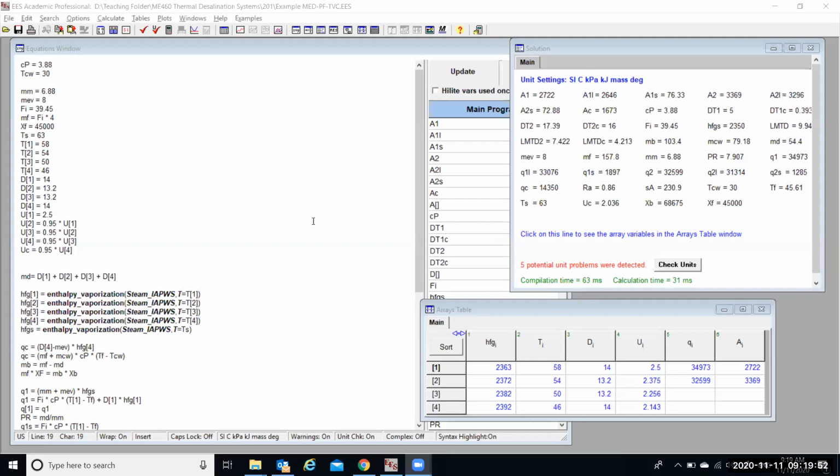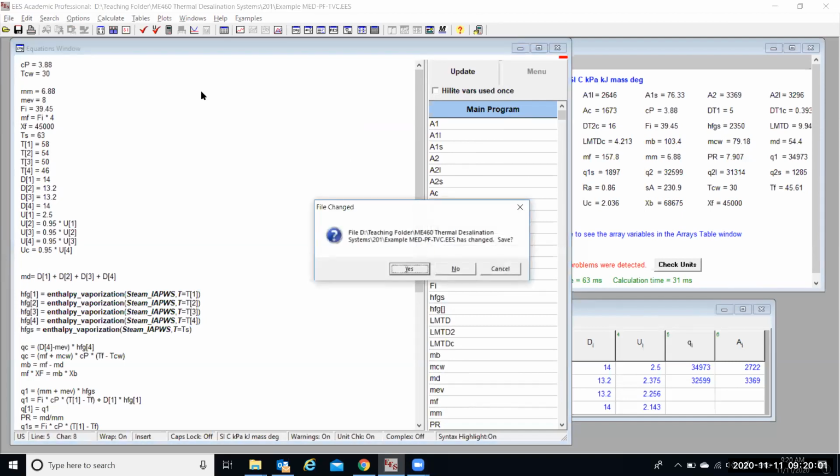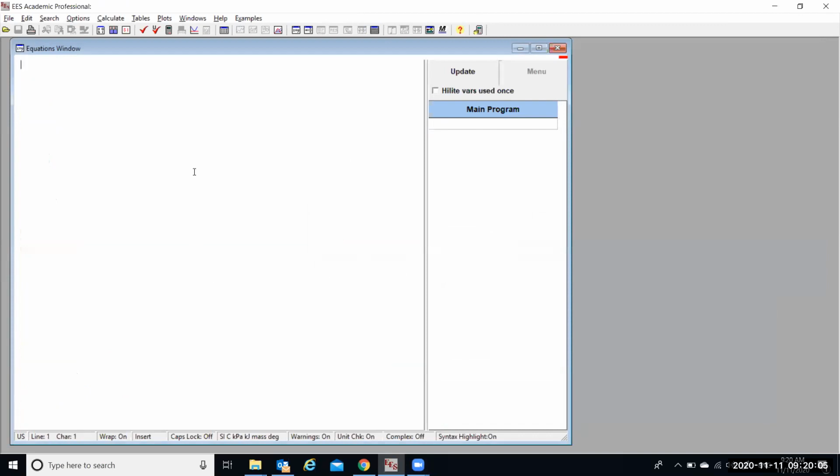Yes. Fine. So actually, what you see in front of you is the example that we had today. But let me start a new file, which is here. This is the platform of the engineering equation solver. And if I need to solve equations together, then the only thing that matters is that the number of unknowns is equal to the number of equations.